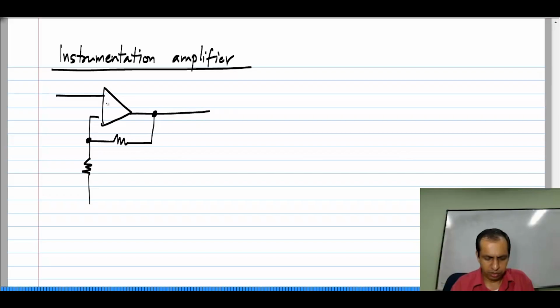It is based on the non-inverting amplifier and it can be derived from that, but I am here just putting down the circuit.